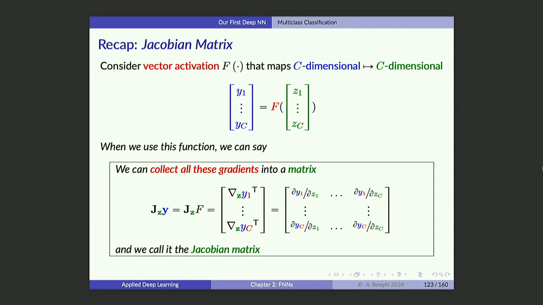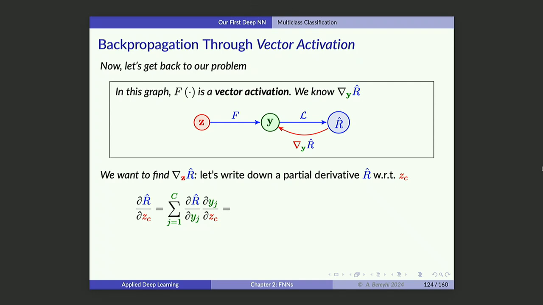So the Jacobian is just the collection of all of those gradients, which are for the entries of your output. If I compute the gradient of y1, I put it in the first row, the gradient of y2 in the second row, and so on till the last one. Okay? Now, if I get back to my own problem, if I want to compute the partial derivative of r hat with respect to zc, so here you have it on the board for z1. If you just replace this z1 with any zc, you can write it down by chain rule in this form, right?